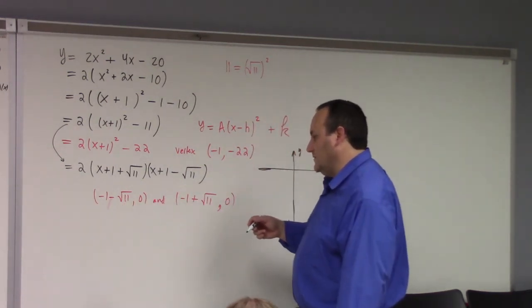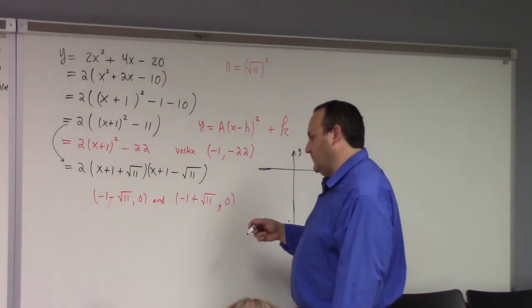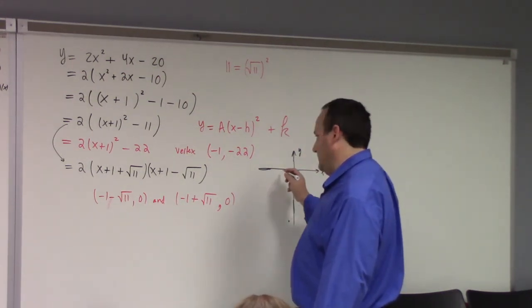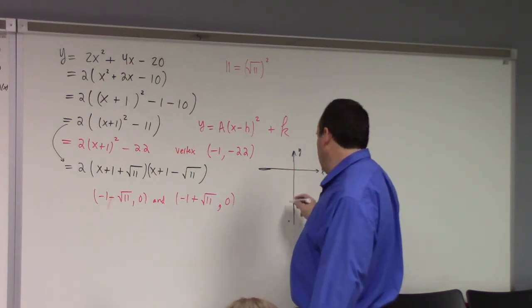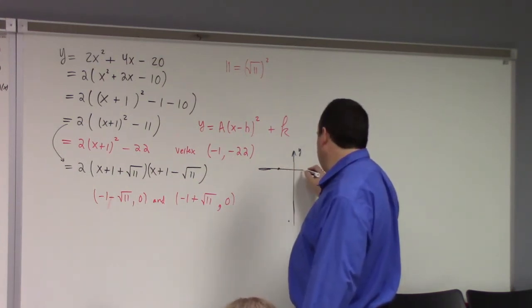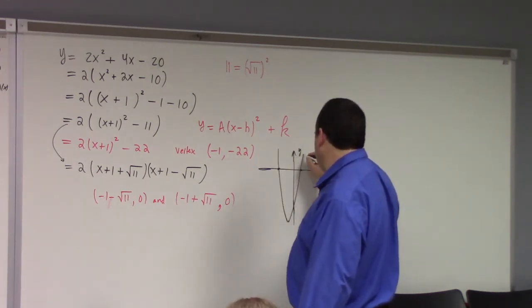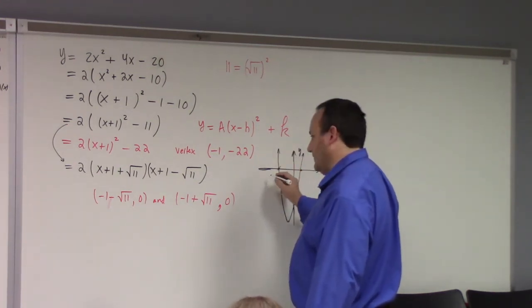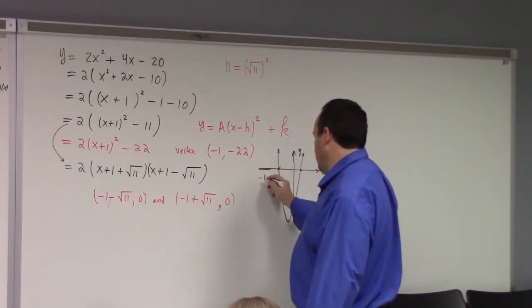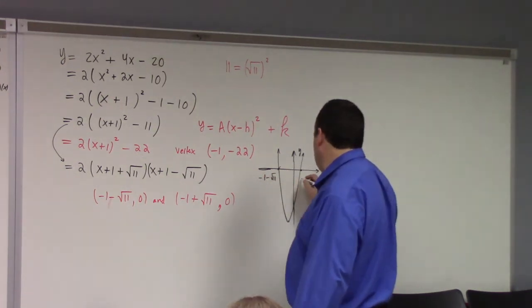I don't know. 3.4 maybe. So that's like minus 4.4. So I think the x-intercepts are roughly here and here, and something looks kind of sort of like this. Now that's very crude on my part. But I want to go on from this example to other things.